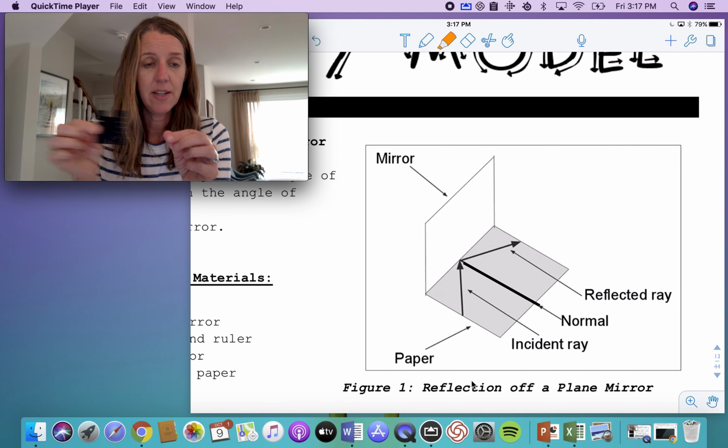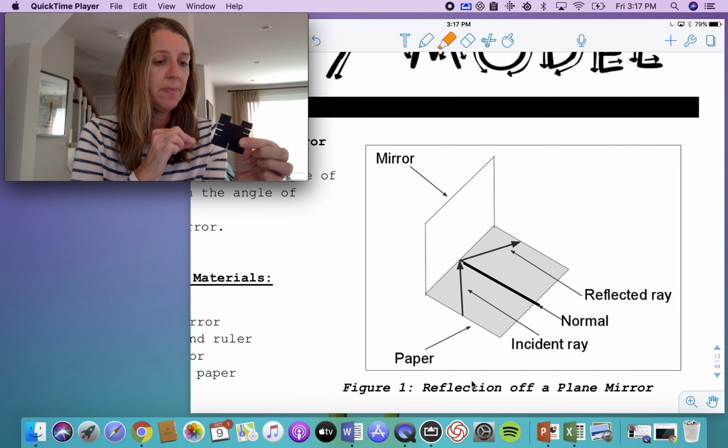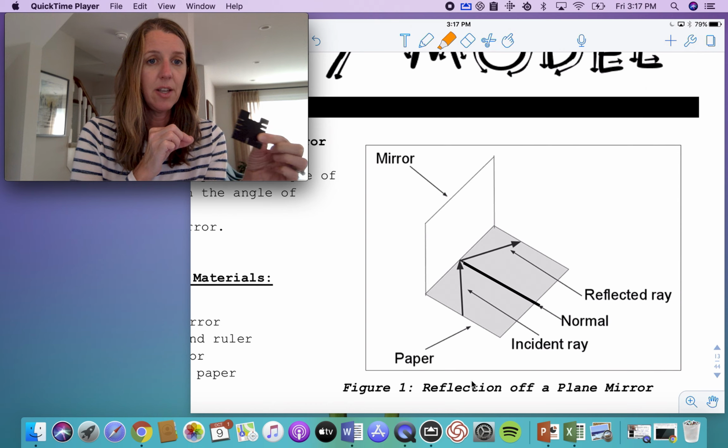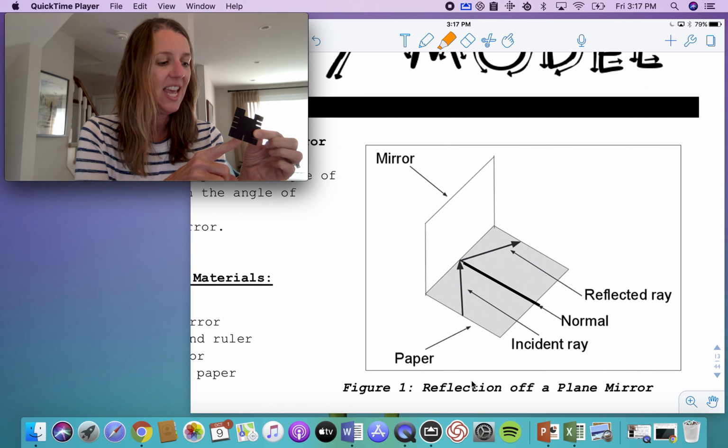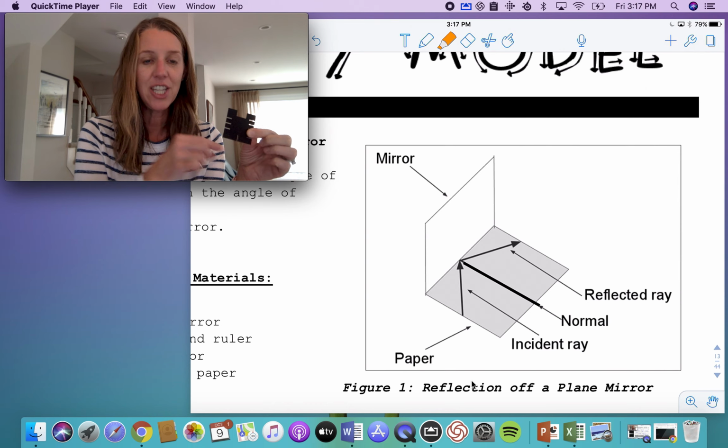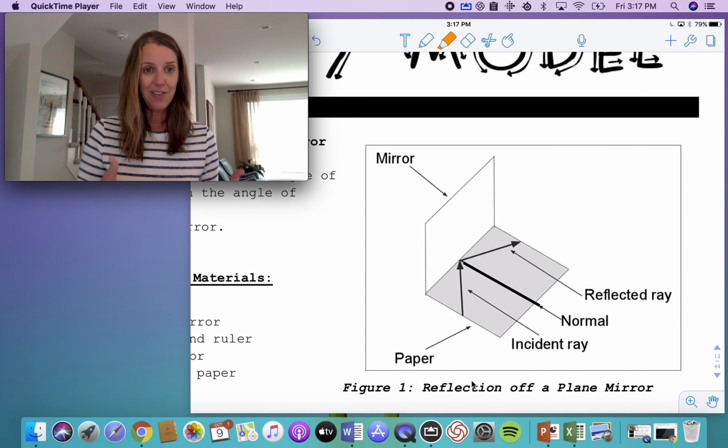This is what the slit mask looks like. And if you've got a teeny little beam of light, you too could do this experiment at home. You can do this simply on your piece of paper if you can lay it down flat, and then draw with your pencil a little dotted line along the beam of light, and then where that light gets reflected, dot dot dot with your pencil.